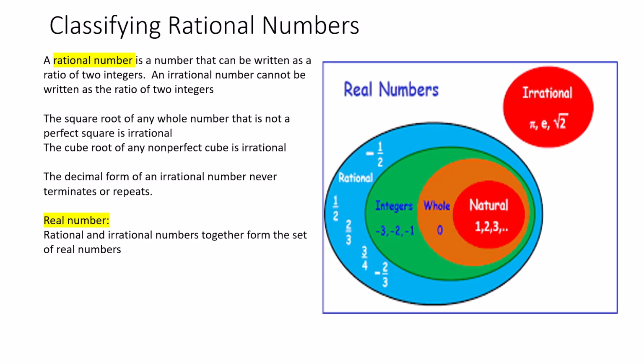So in the real number system, we have two types of numbers. We have numbers that are rational, and numbers that are rational would be everything contained down here in these circles. So we want to be looking at this grouping down here.